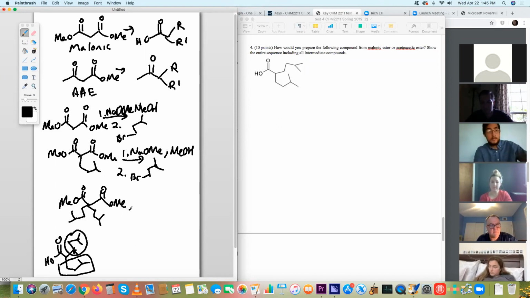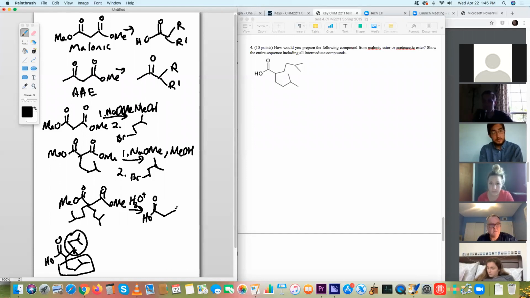So once we've got those alkyl groups attached, then we have to hydrolyze the ester group, turn it into a carboxylic acid. And in this instance, both of those end up turning into carboxylic acid groups. Everything else just gets plonked on here as well.